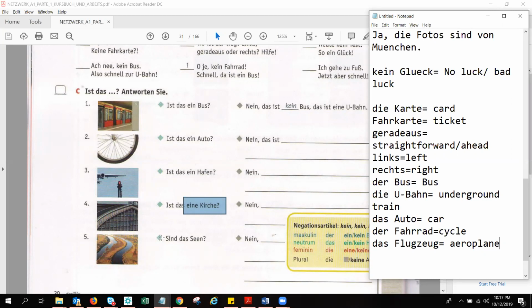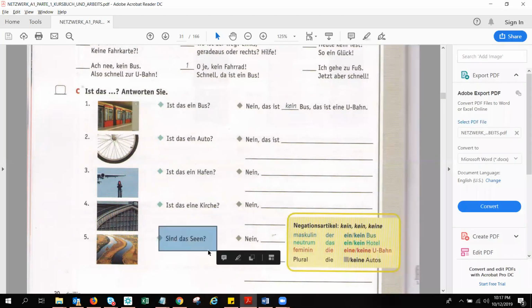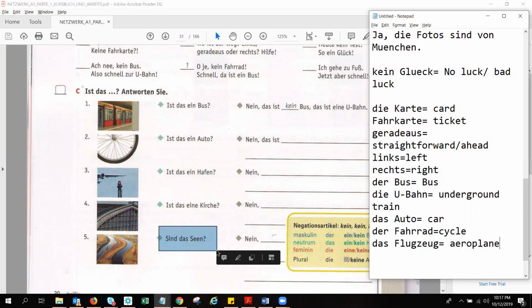Okay. Next is: sind das Seen? So Seen is lakes. Like, are these lakes? Nein, das sind keine Seen. Das sind Flüsse. Fluss is river, der Fluss, and the plural is Flüsse, with an umlaut on the u.